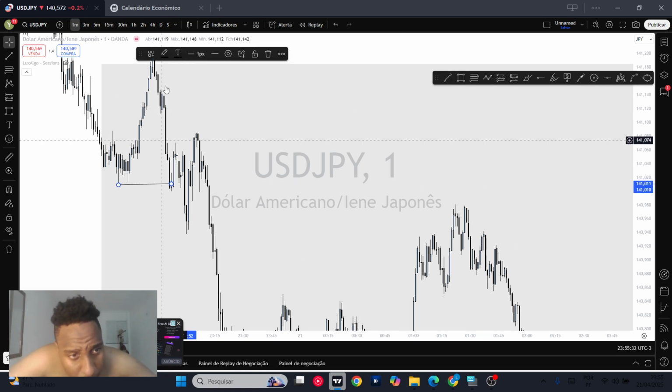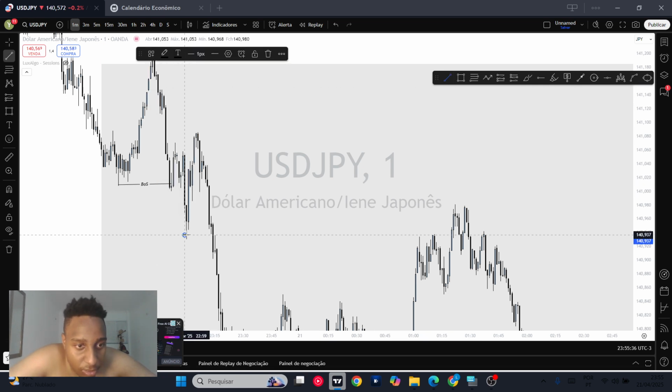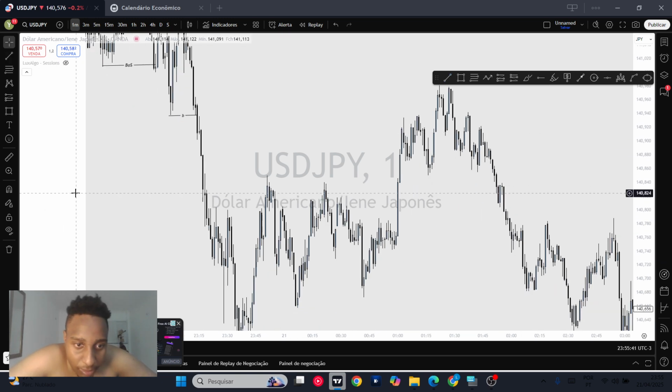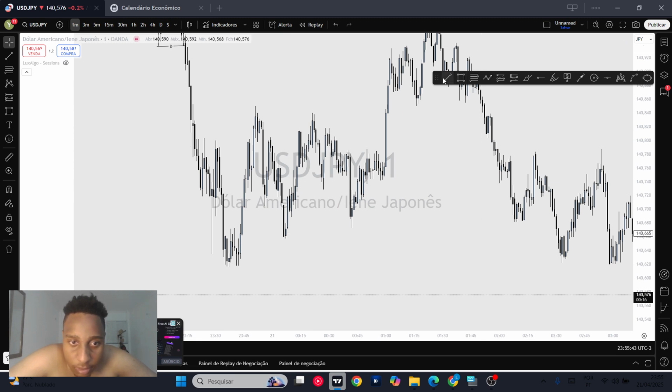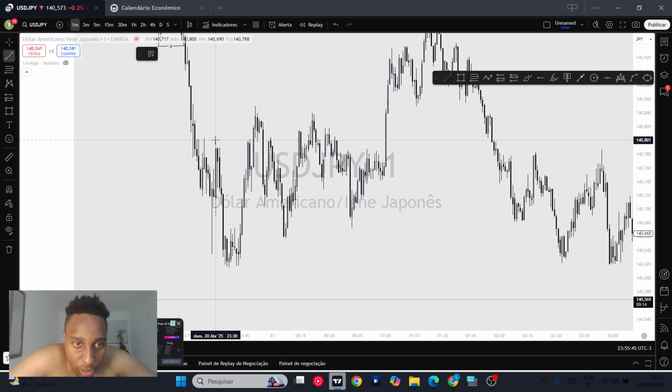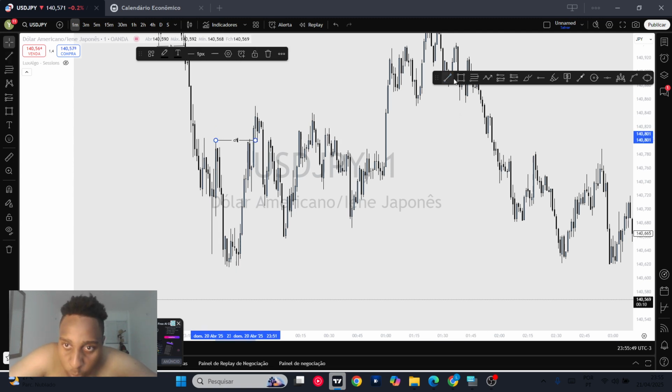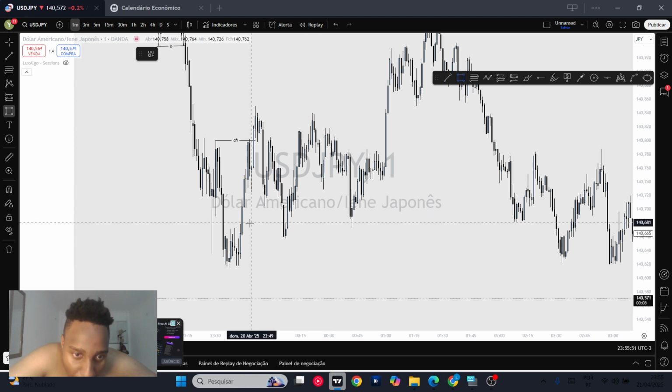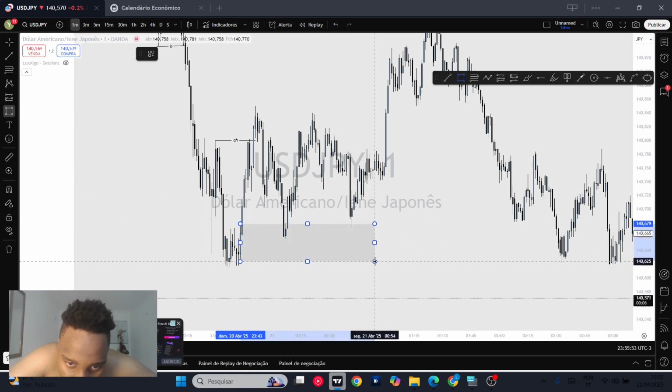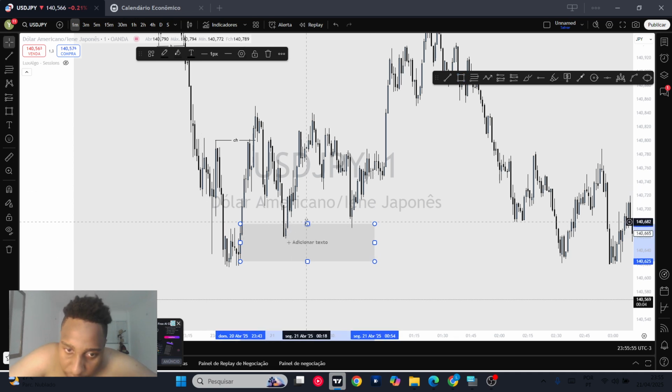Break of structure, BOS, break of structure, BOS, right? Price came here, made a change of structure, CHoCH, and within this CHoCH, price created a perfect, perfect order block.